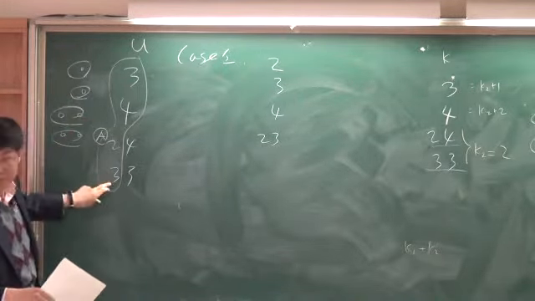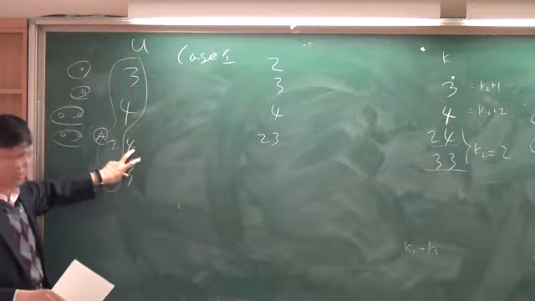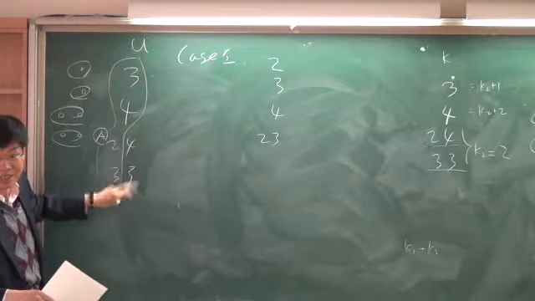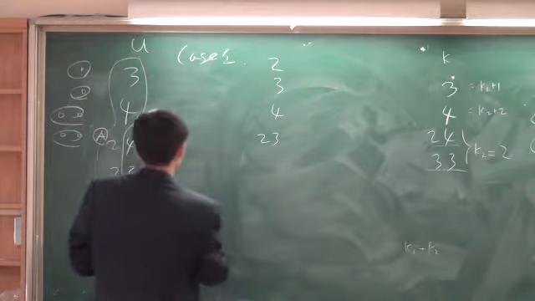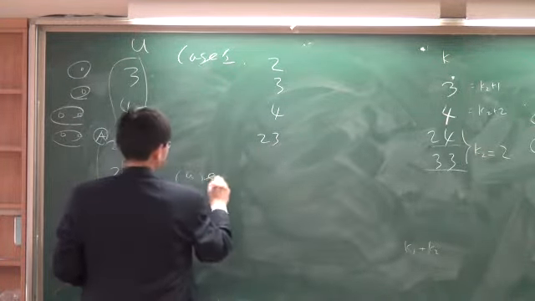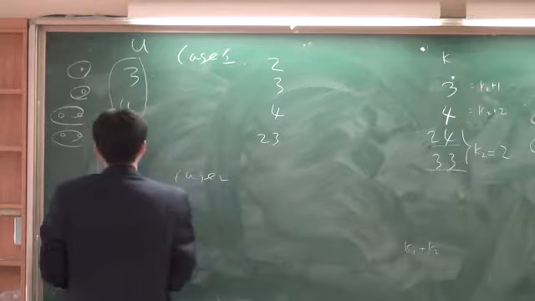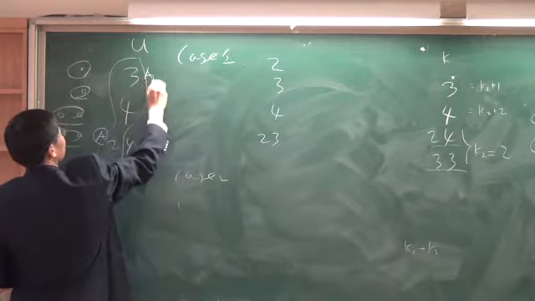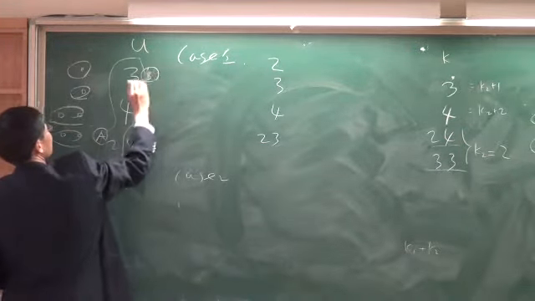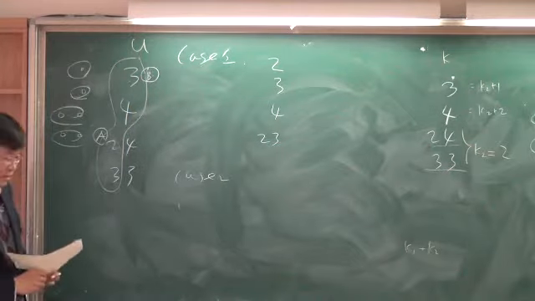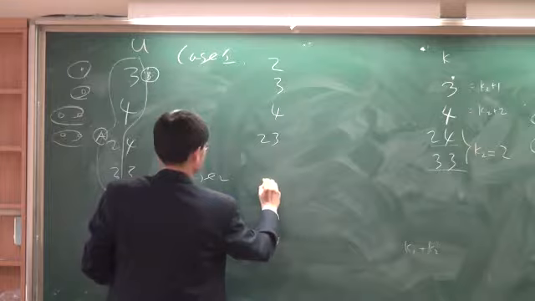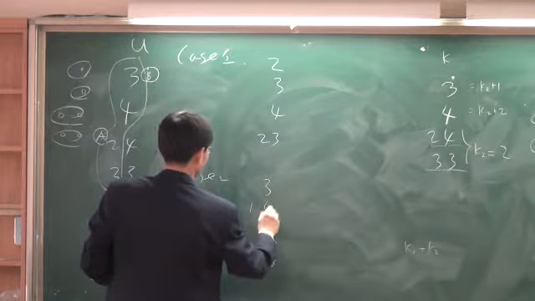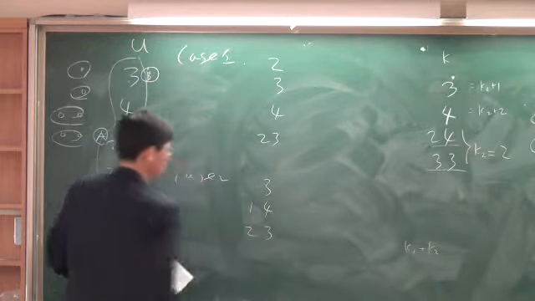Also this one decreased by 1. But this vertex, no change. And next, what happens if Alice selects this one? And then the new graph is this way. So 3, 1, 4, 2, 3.